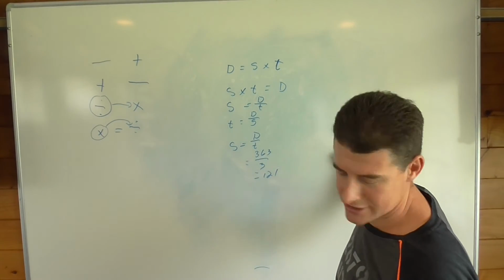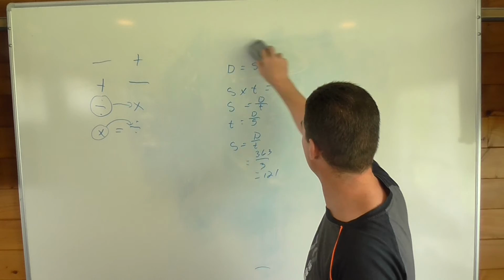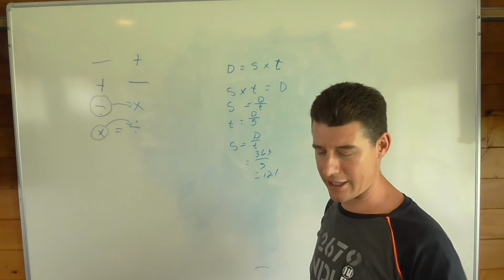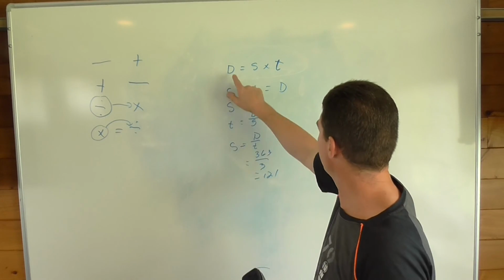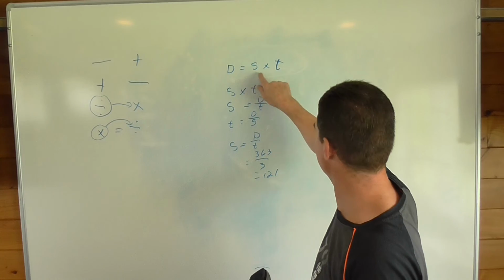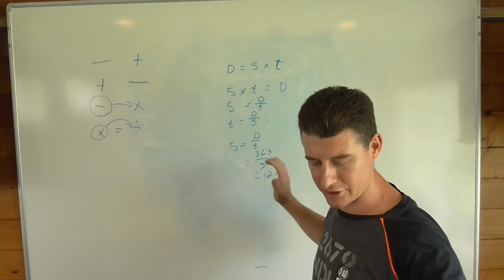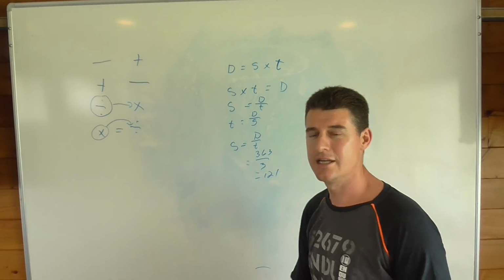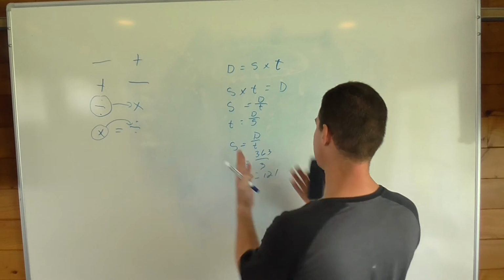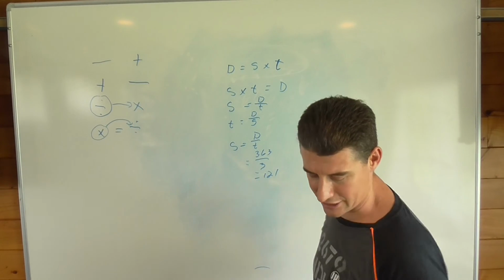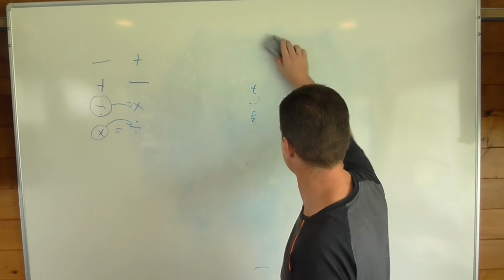Alright, so that's just an example. So learn your formula, but also know how to change it. If they ask you distance, speed, or time, you know which formula to use. Then they give you the information, you simply put it into your formula and do the calculation.